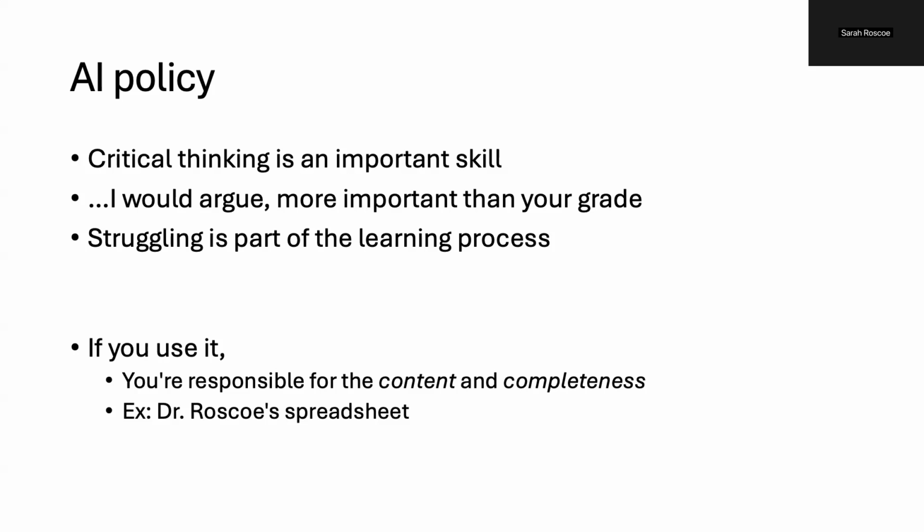If you do end up using AI for something, you're responsible for two things. The content, which can include, did any of you hear the story where a lawyer wrote a brief with the help of ChatGPT?